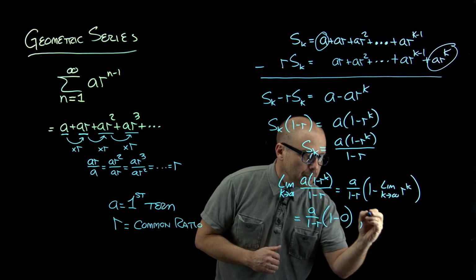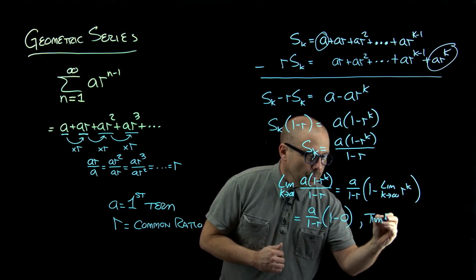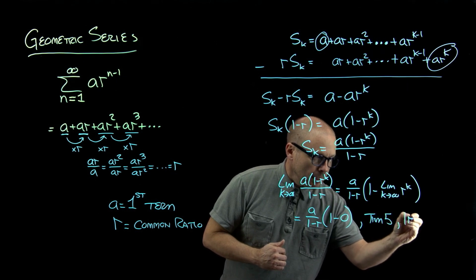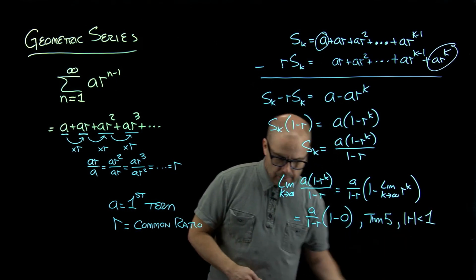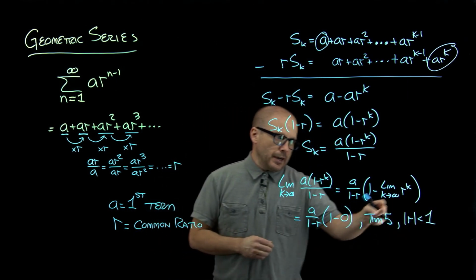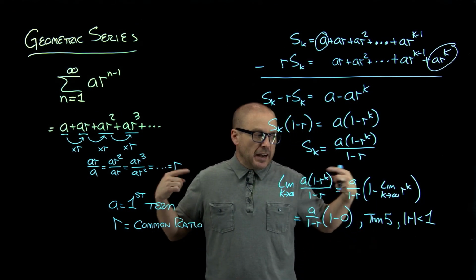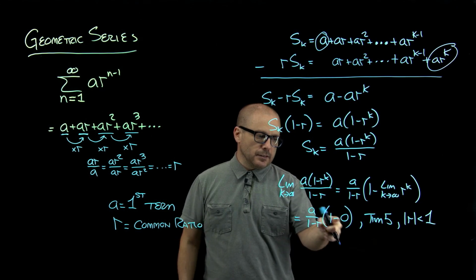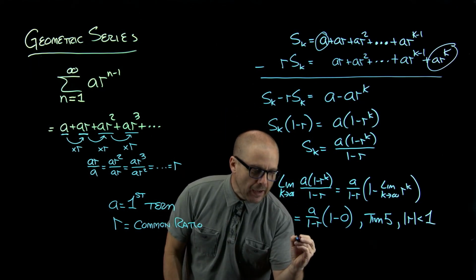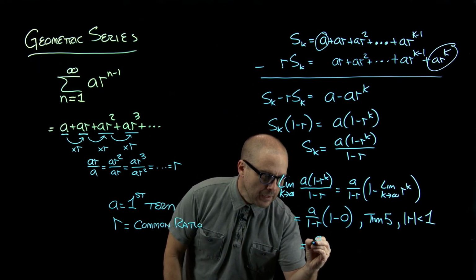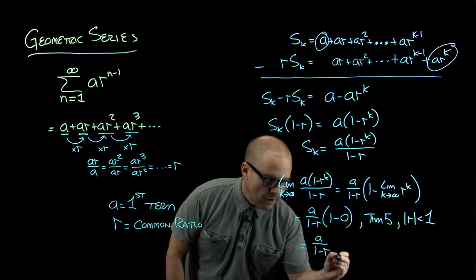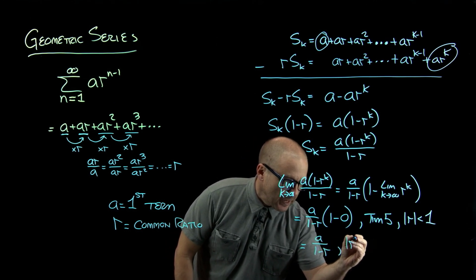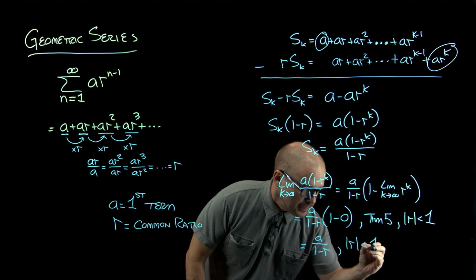So I'll say by Theorem 5, provided the absolute value of r is less than 1. Right? If that base is less than 1 in absolute value, taking higher and higher powers is going to bring it down to 0. And there we have it, a over 1 minus r, so long as the absolute value of r is less than 1.